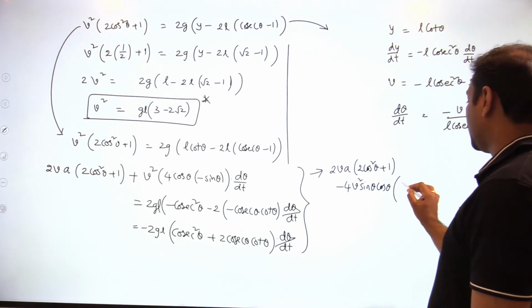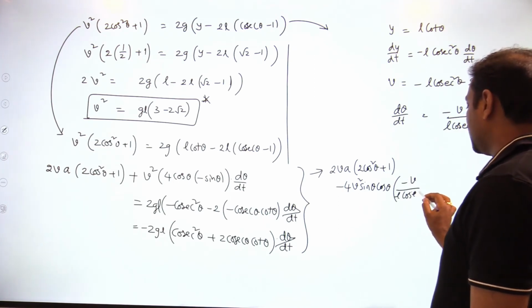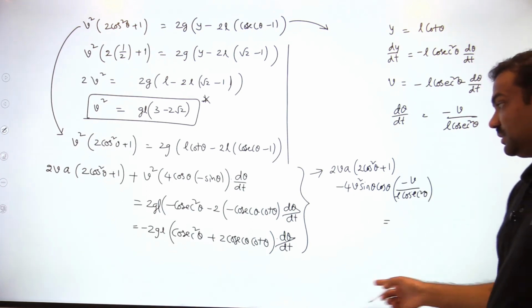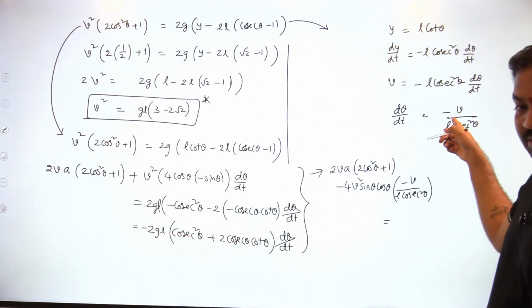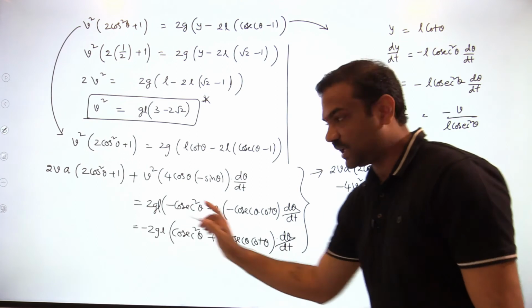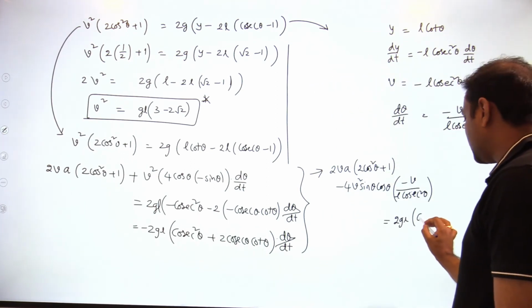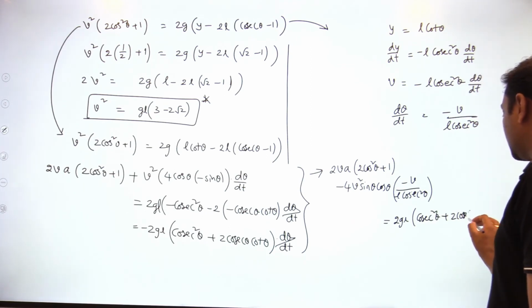In the place of d theta by dt, minus v by L cosecant square theta, is equal to minus of 2gL into something into d theta by dt. D theta by dt is also negative and negative cancel out. So 2gL into cosecant square theta plus 2 cosecant theta cot theta.